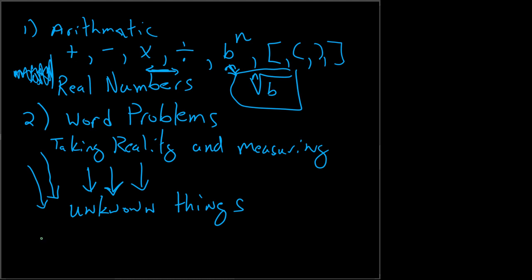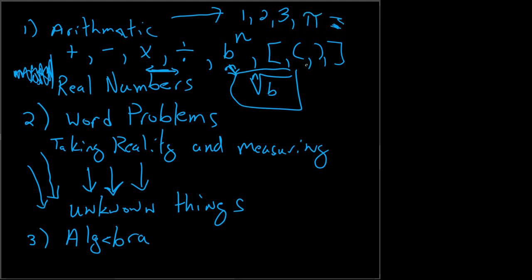Some of the last things in the word problems were, what happens when you have an unknown thing? And that moves us into algebra. We go from things we can count, 1, 2, 3, to things we can measure, like pi, where we know exactly what they are, to unknown things like 3y or 4x. The y links to something, and the x links to something in reality. We just don't know what the number is.